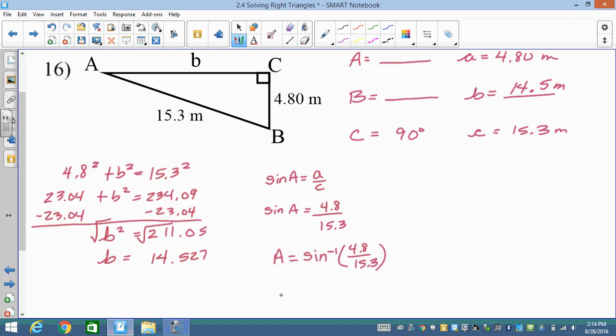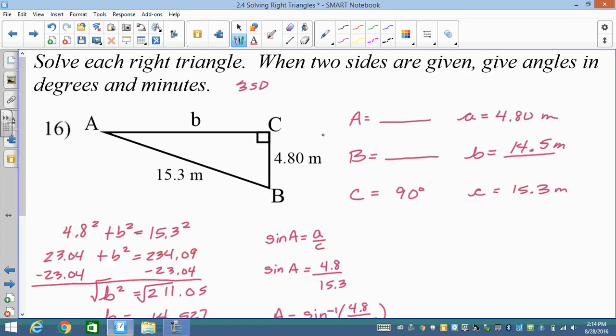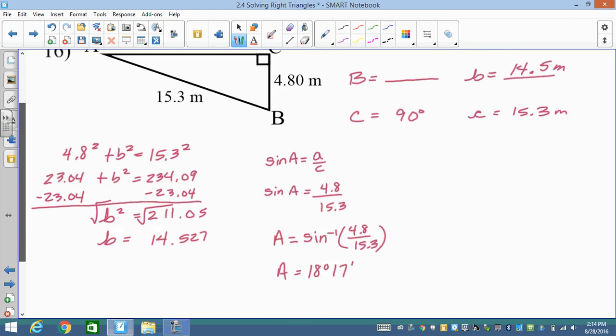And we throw this thing into the calculator, and we get A equals 18 degrees 17 minutes. Now, I do want to point out that the directions do tell you to give your angles in degrees and minutes. It doesn't say anything about seconds, so we're going to assume that they're not worried about the seconds, that we're rounding to the nearest minute. So 18 degrees, 17 minutes.